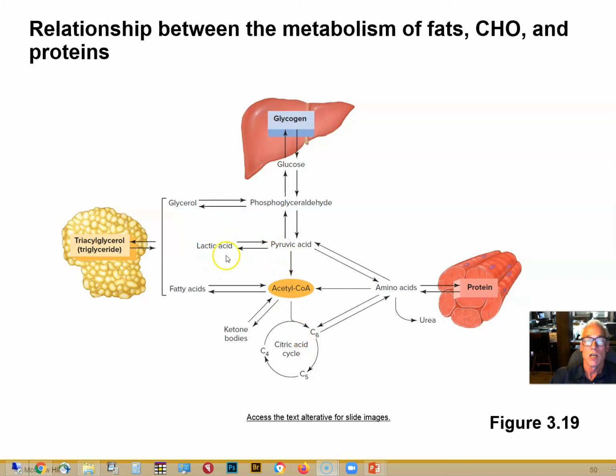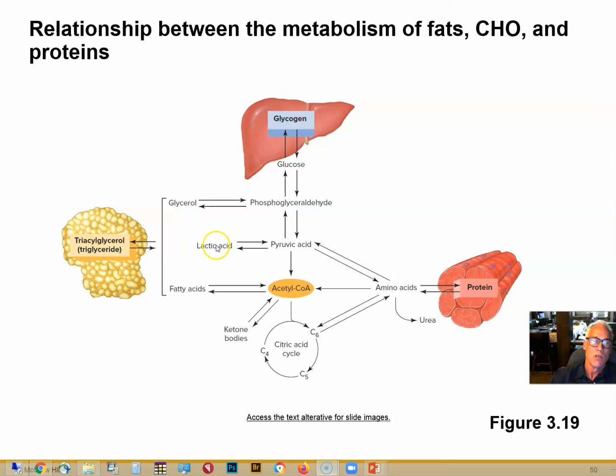Here we talked about fermentation. If glycolysis occurs in isolation without using the Krebs cycle or the subsequent electron transport chain, we need to do fermentation, and so the pyruvate will be converted to lactic acid during high-intensity exercise, as we'll talk again about later.